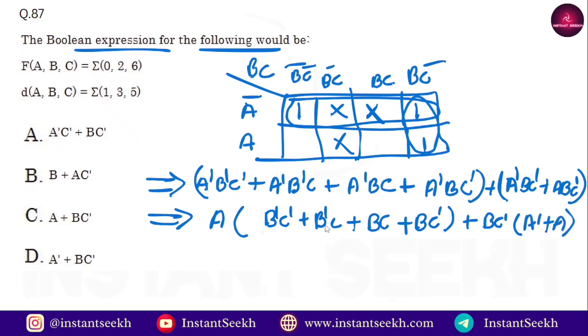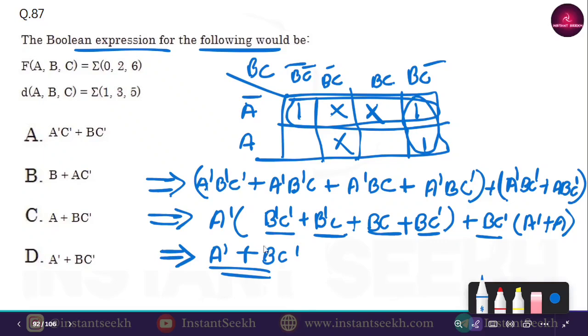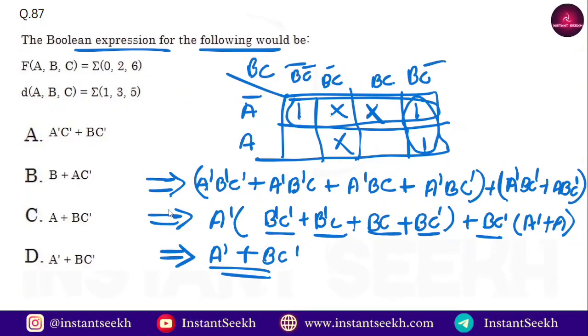So with this, if you see the pattern here, we have B bar C bar, BC, B bar C, B C bar. So this goes and only remains what? Here A bar will come, and here we have B C bar. So the simplified version will be A bar plus B C bar.